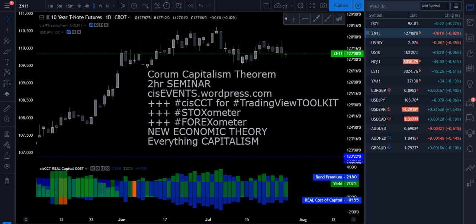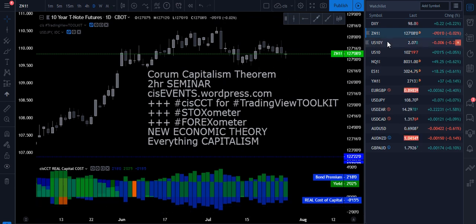It provides the prorated adjusted pro trading bond premium, the current pro trading adjusted yield, and the real cost of capital. It also offers a buy-sell condition, which I will go over toward the end of this video. So make sure you watch all the way through, and we'll look at the US dollar Japanese yen as it relates to the CIS CCT real capital cost indicator for TradingView Toolkit.